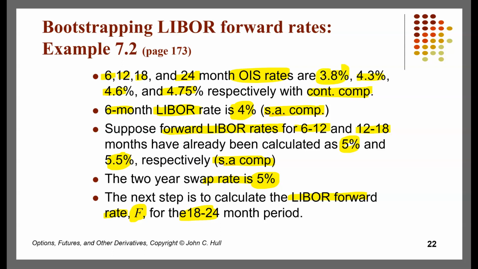So we remember that we are given our OIS curve. I'm going to start with the OIS curve, and we have the maturities T, and I think they were 6, 12, 18, and 24 months. So that was a 2-year swap, and the OIS rates were given at, let's go back to the slides and see that, 3.8, 4.3, 4.6, and 4.75.